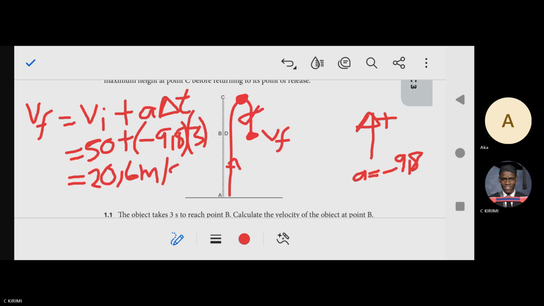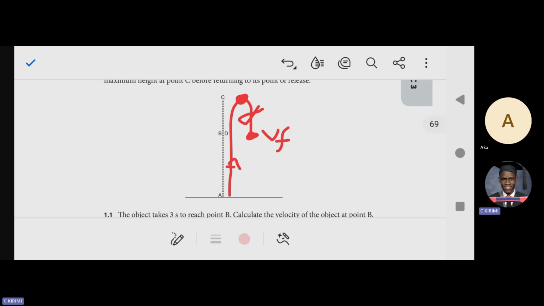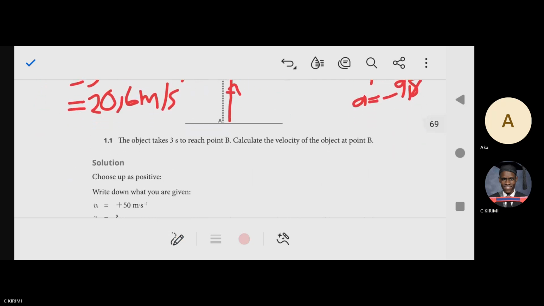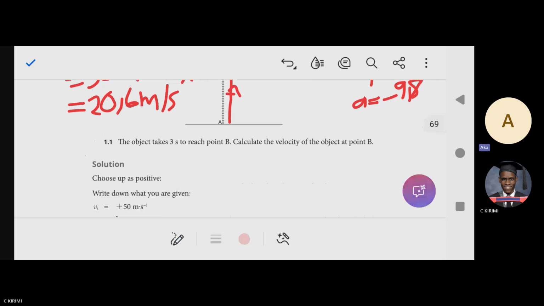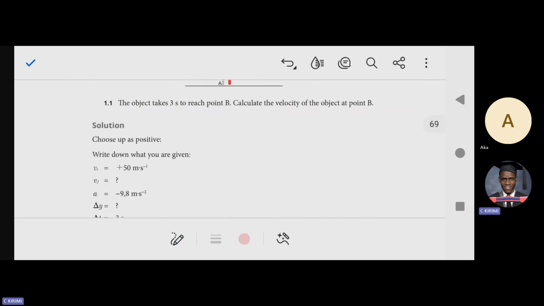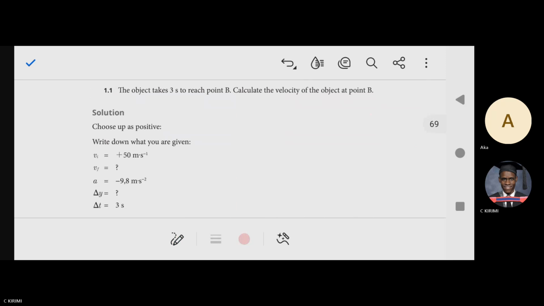Okay, so let's verify the working. We have taken VI as 50 meters per second because it's upwards. Your final velocity is what you are looking for. Acceleration is negative 9.8 meters per second squared. What is the change in Y? It's unknown.